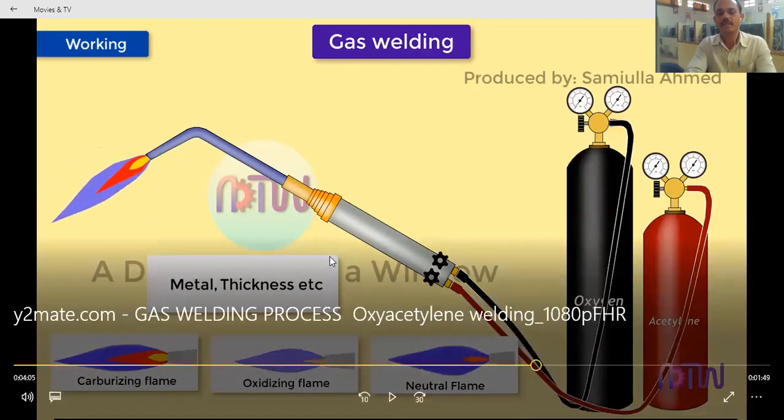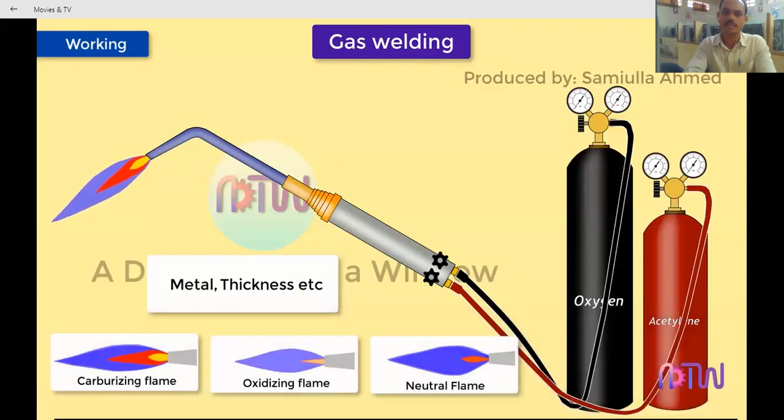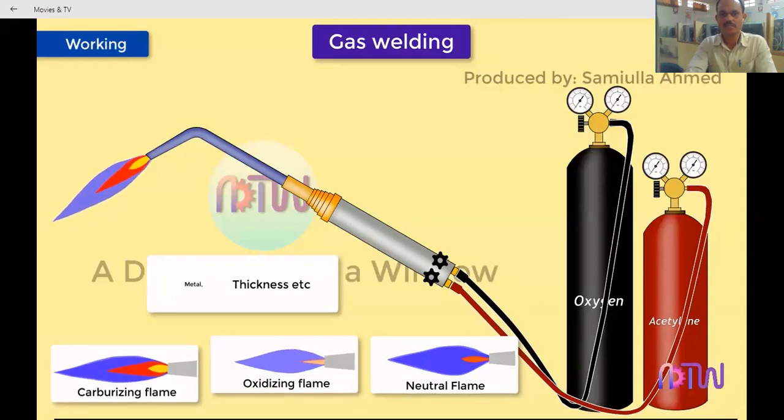It depends on which flame we have to use, the metal thickness, and how much heat we require. Generally the neutral flame is used because it gives the most heat, near about 3300 degrees Celsius. The carburizing flame and oxidizing flame give less temperature than this.